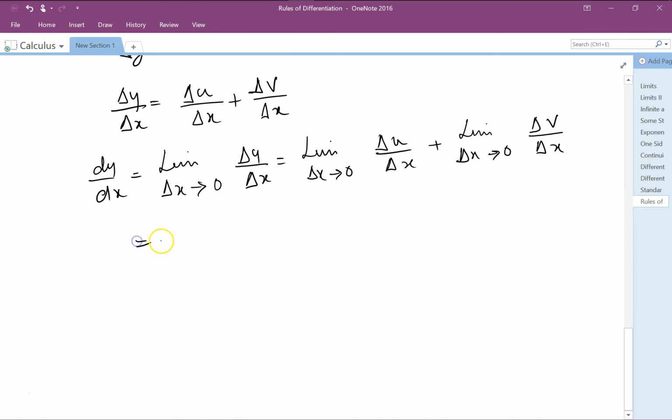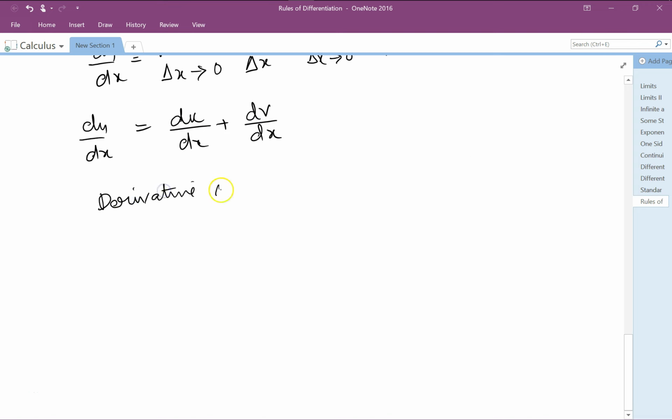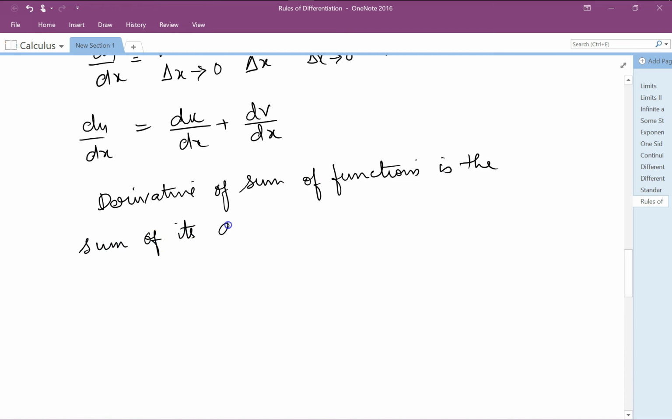Now if we take the limit, what happens? We get du by dx plus dv by dx. Derivative of sum of functions is the sum of its derivatives.